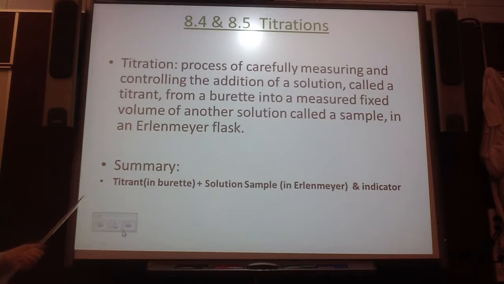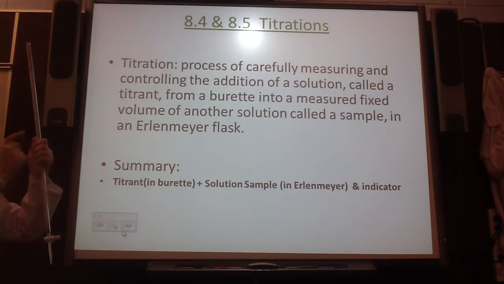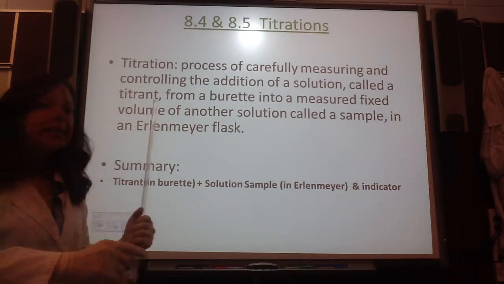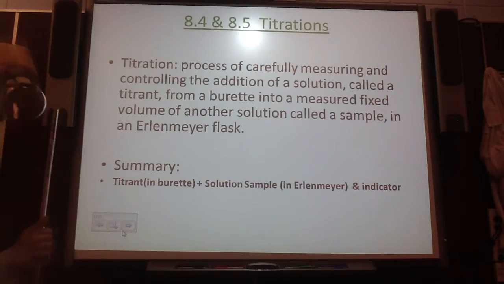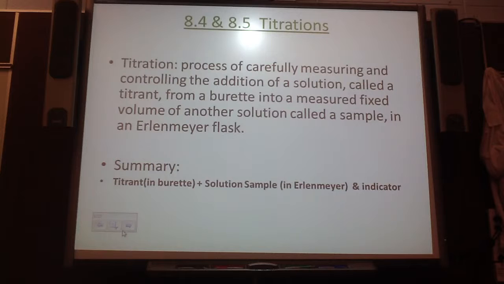So when we think about it, we have the titrant in the burette, a sample solution in an Erlenmeyer flask. So titrant is in burette, plus a sample solution, that's the unknown concentration.